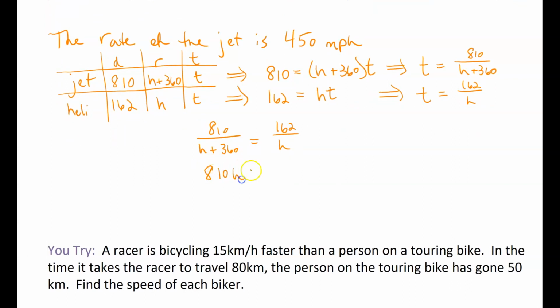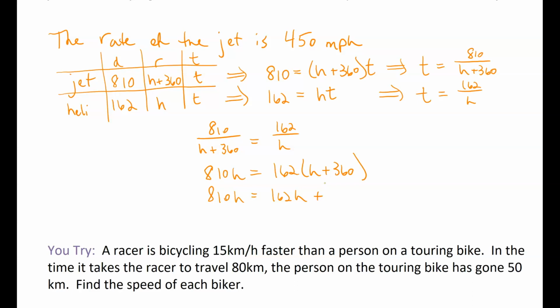810h equals 162 times h plus 360. Okay. I don't remember what all these numbers were. What does it come out to? 810h equals 162h plus, what was that, 162 times 360?